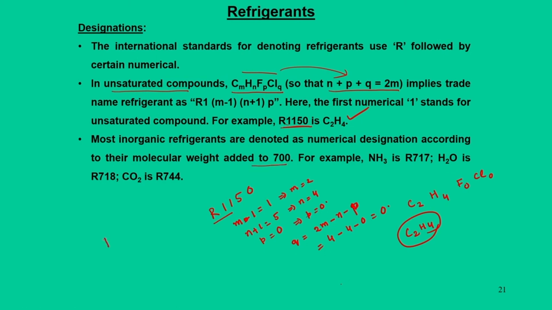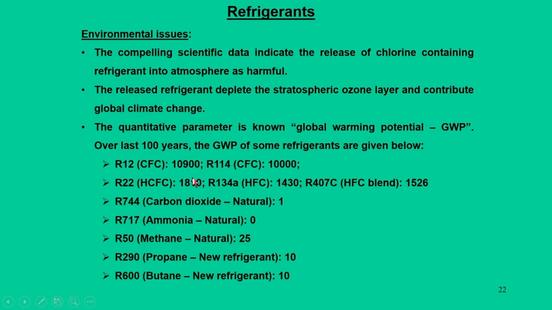For example, if I say R718, 18 is the molecular weight of water, and 700 added to 18 gives R718, so this refrigerant is water. Similarly, for CO2 it is R744. This is how the refrigerants are designated.